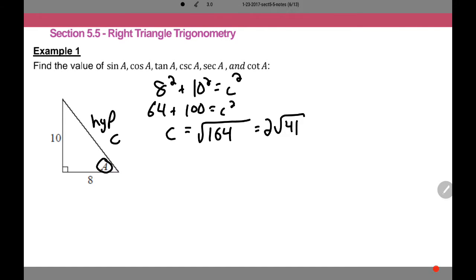And then pretty much we just need to write our ratios. So sine of A is going to be our opposite, which is 10, over our hypotenuse. Now, that 10 and that 2 can go ahead and simplify a little bit, and then we need to rationalize.